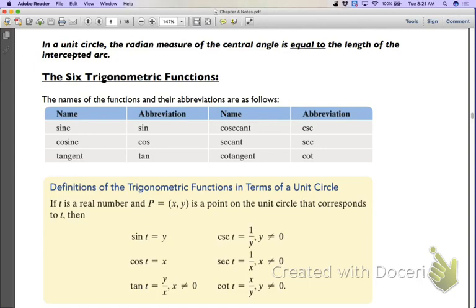Sine and secant don't go together. Sine and cosecant do. So the easiest way to remember is that sine starts with an S, so the reciprocal starts with a C. Whereas cosine starts with a C, its reciprocal starts with an S, which is secant.